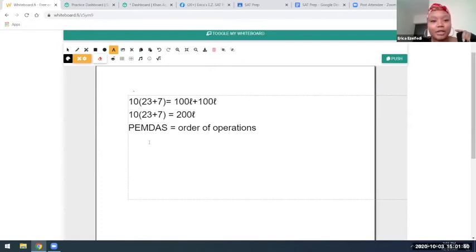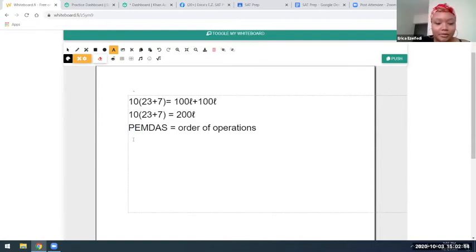With math, we always follow these rules. And if you're ever confused about the next step, write this down and work it out. Remind yourself. So the next thing we do with PEMDAS is we look inside the parentheses.